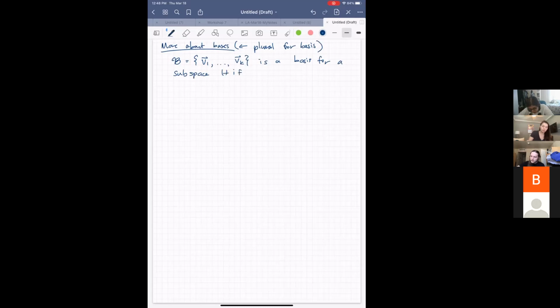if, does anybody remember one of the conditions? I think the set of vectors are linearly independent. Yeah. So if this collection V1 up to Vk is linearly independent, and what else? Has to do with the span, right?